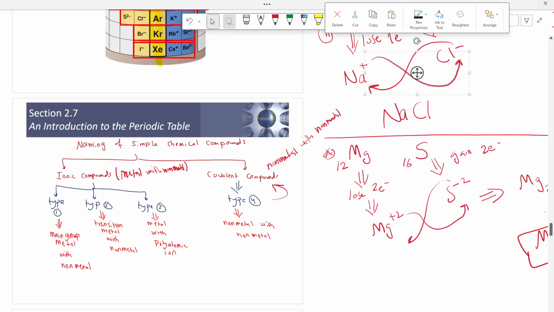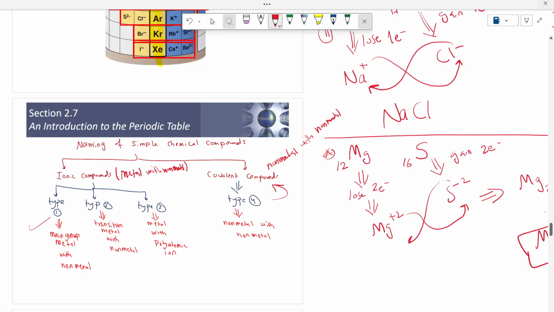In type 1, the metal should be a main group metal from group A, with a non-metal. In type 2, the metal is a transition metal from group B, with a non-metal. While in type 3, you will have a metal, regardless of whether it's main group or transition.